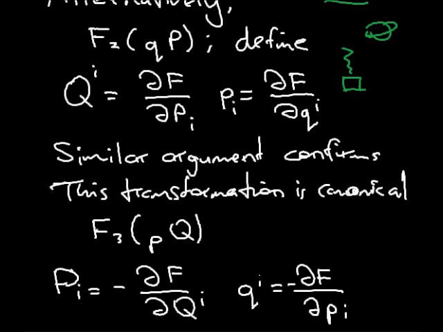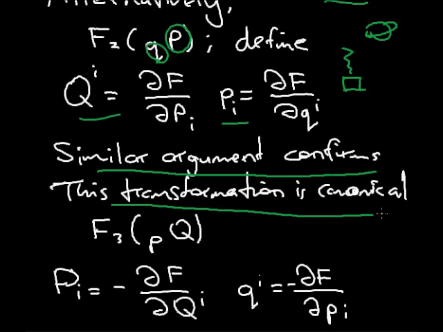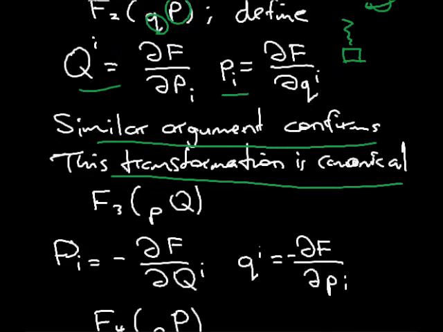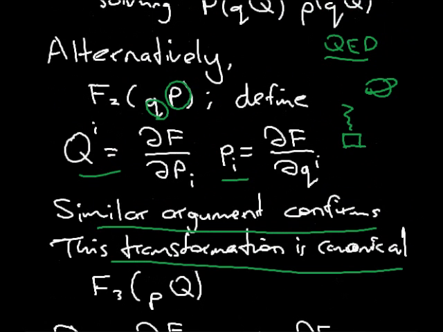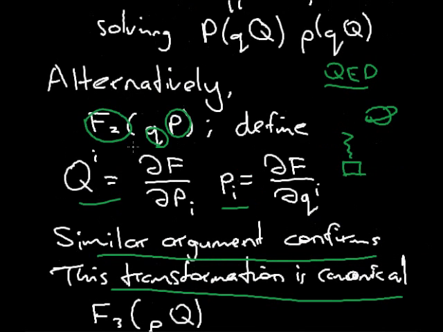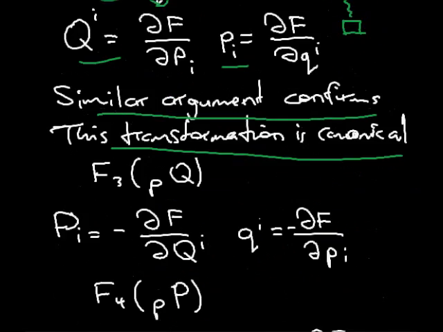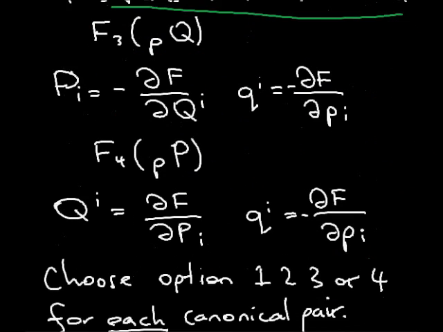physical quantity. If we have a generating function that depends on little q and big P, we can alternatively define big Q and little p as such, and we actually have a very similar argument to the one I gave before that confirms that this transformation is also canonical, and that's called a type 2 generating function, while this setup here is called a type 3 generating function, and here we have a type 4 generating function.